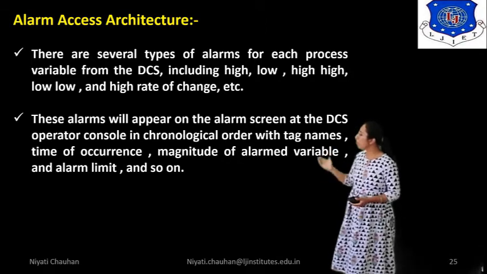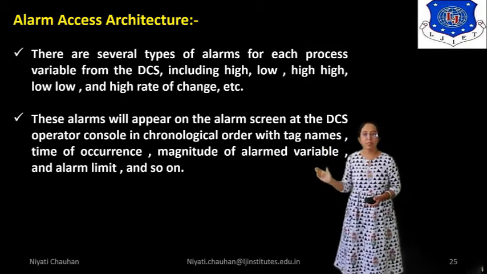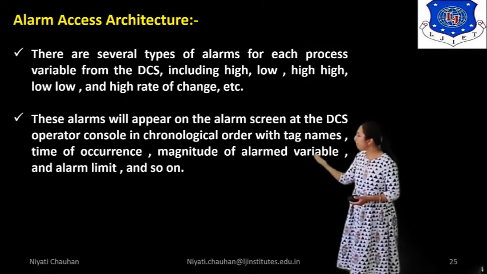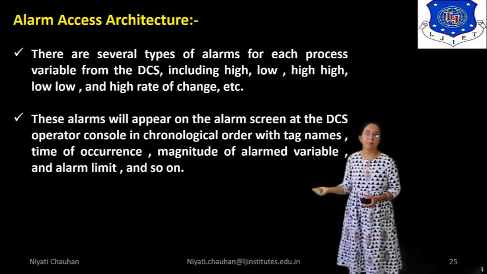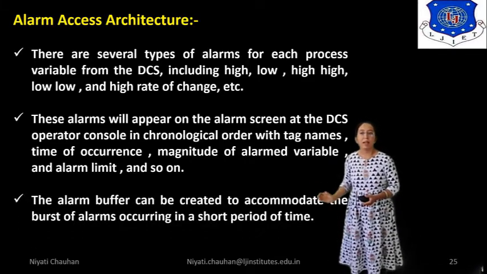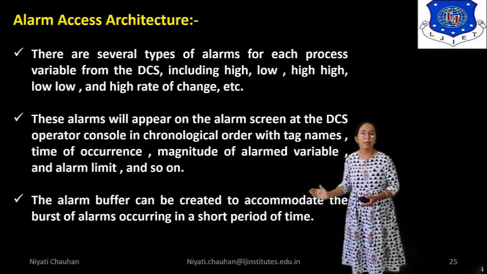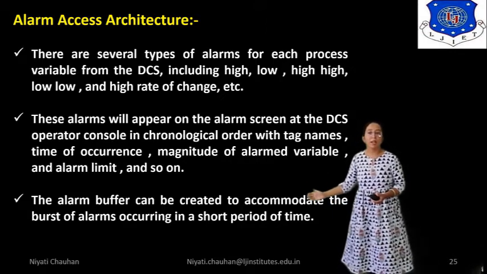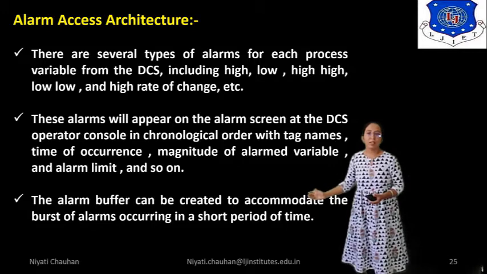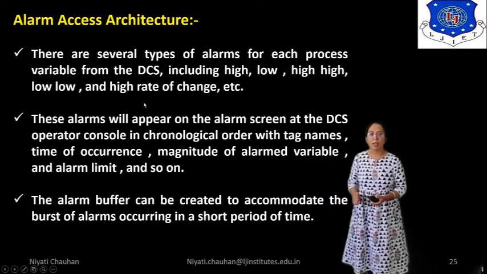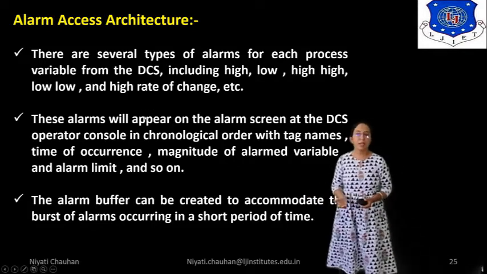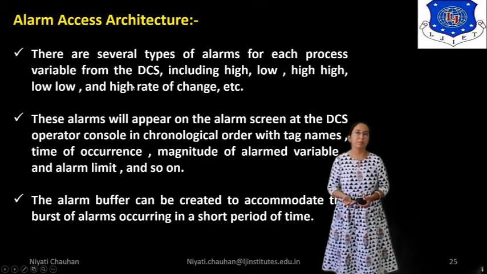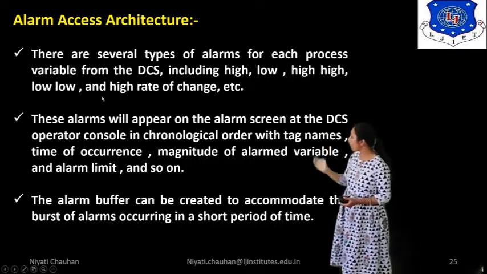So we have to give tag names, right? So we can identify the process. The alarm buffer can be created to accommodate the rest of the alarms occurring in a short period of time. So here we have to create an alarm buffer system in the alarm access architecture.